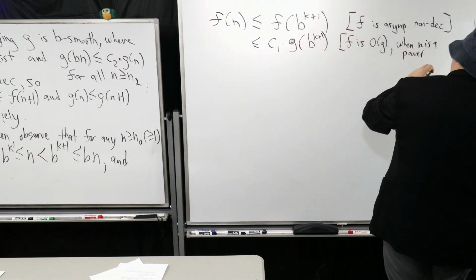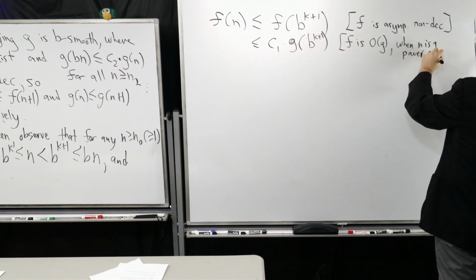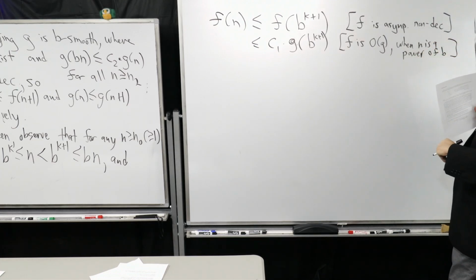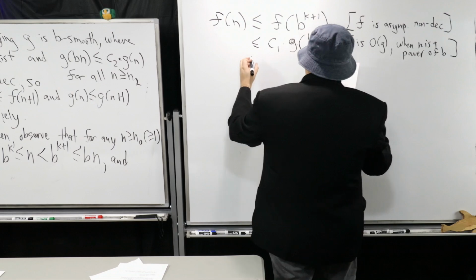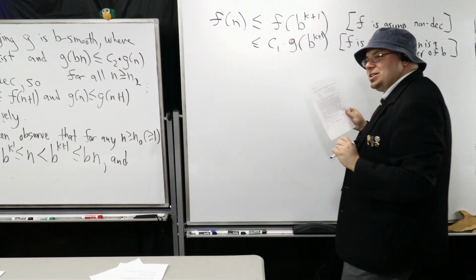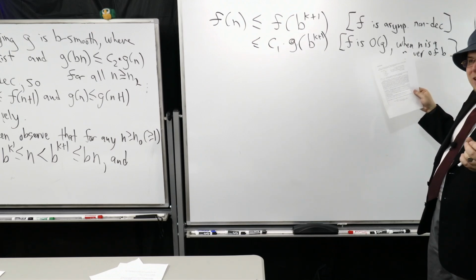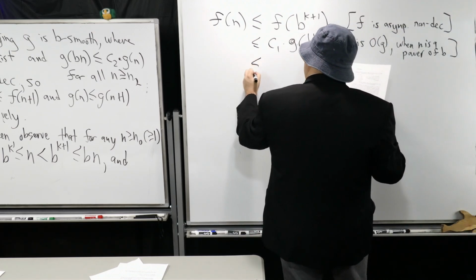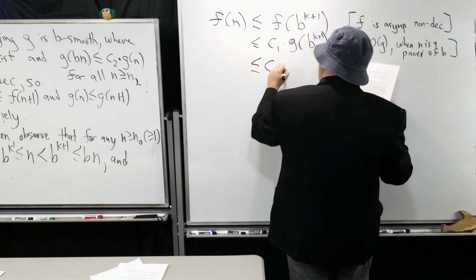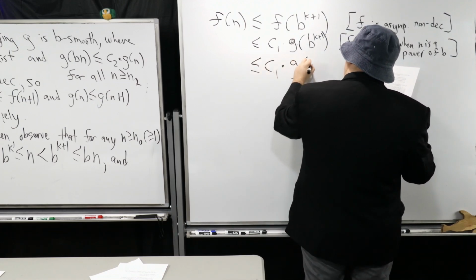Next, because of the way I sandwiched the powers of b, notice that b to the k plus 1 is less than or equal to b times n. So I can say C1 times g of bn.